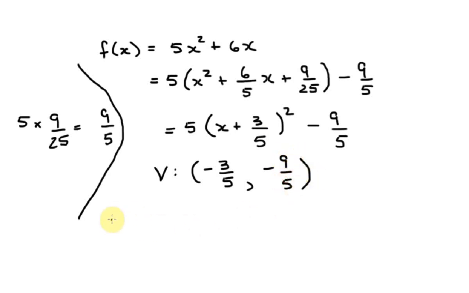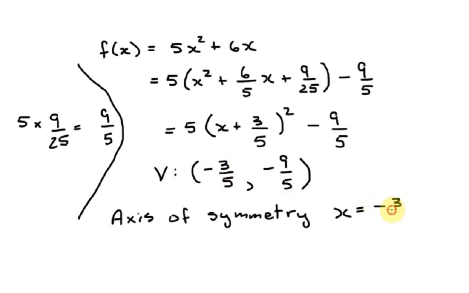And if someone said maybe further, they said, I just really want to know where is the axis of symmetry. So where is that axis? Pretty easy, because it's always x equals wherever your x coordinate is on the vertex. So we can just write that as x equals -3/5, and that is the axis of symmetry.